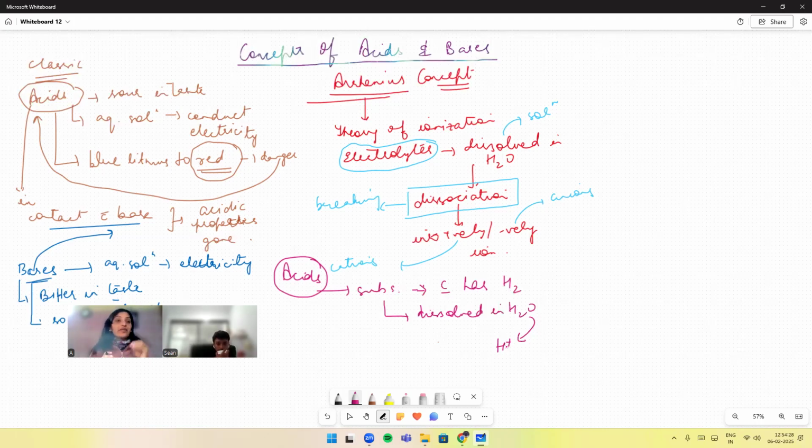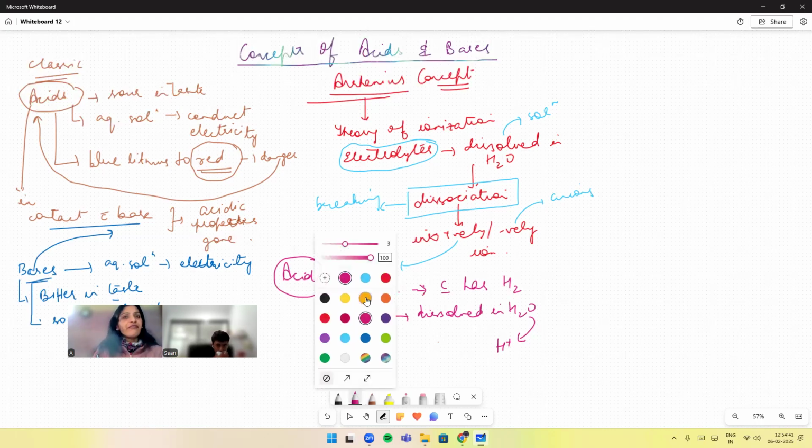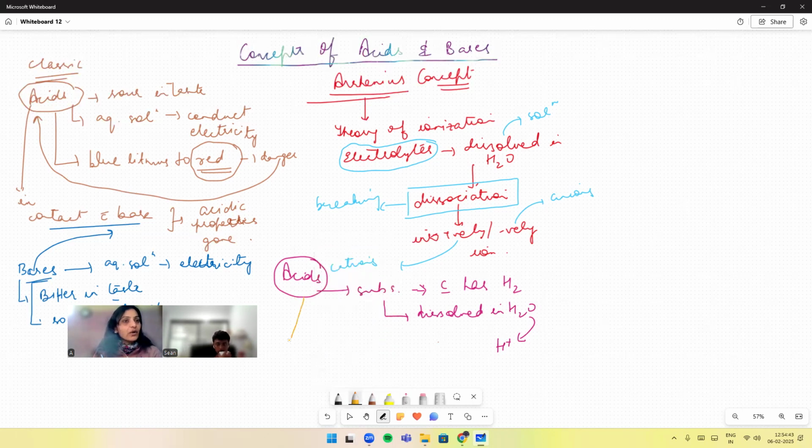Now, depending upon how an acid dissociates, to what extent an acid is dissociating, whether the dissociation is complete or incomplete, that is going to give me two types of acids. One is strong and the other one is weak. Now, what do you mean by strong and weak? They are not bodybuilders, but they are going to show complete dissociation.